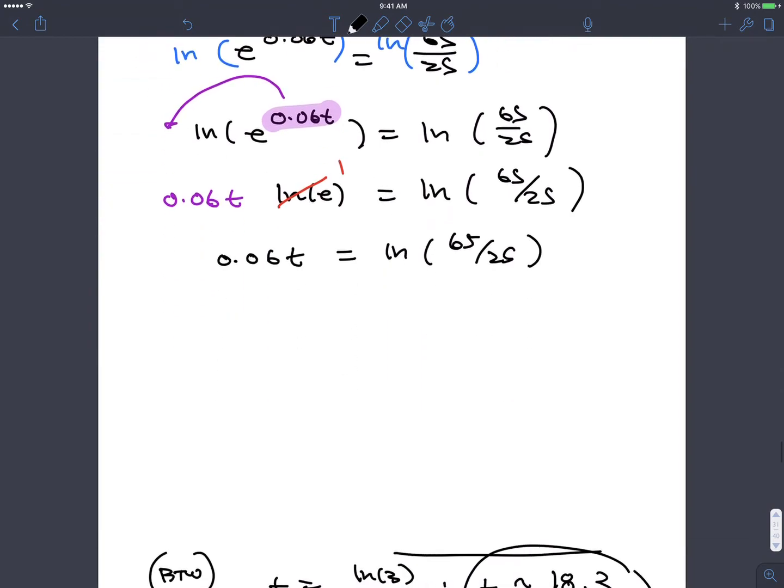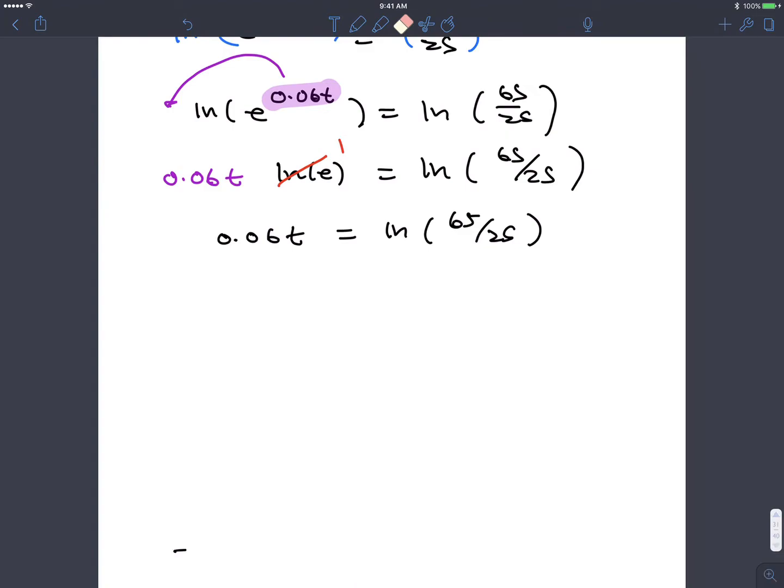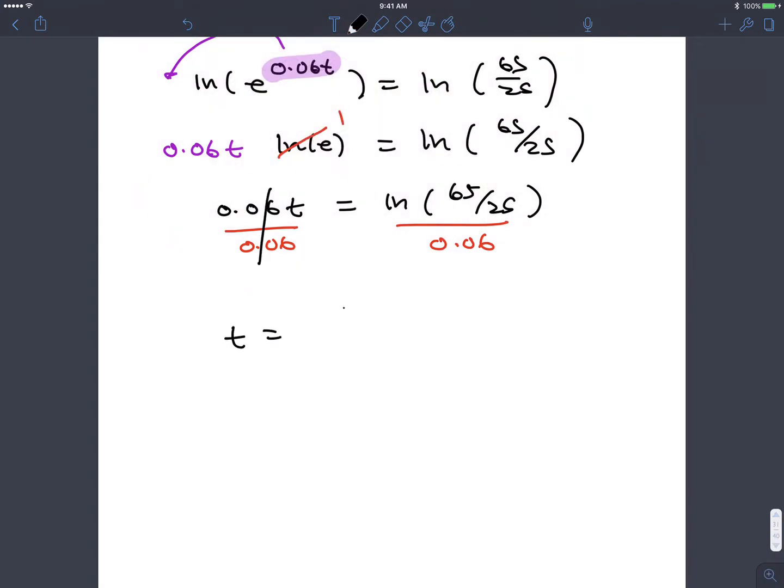We're getting down kind of low here. Let's get rid of this from the past. Okay. We're now going to divide both sides here by 0.06. It's gone, and t becomes the natural log of 65 over 25 divided by 0.06.